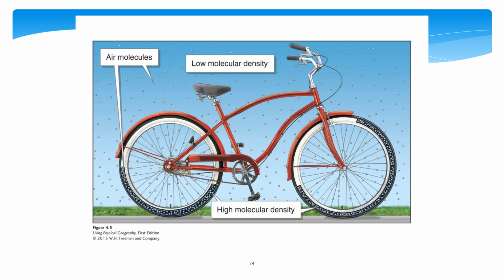When you take a tire pump and you push that into the tire and you forcibly push air into the tire to inflate it, those air molecules in that tire are there under a lot of air pressure. Notice how much more densely packed they are. Remember what I said.